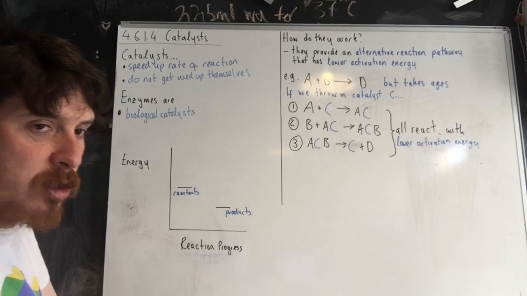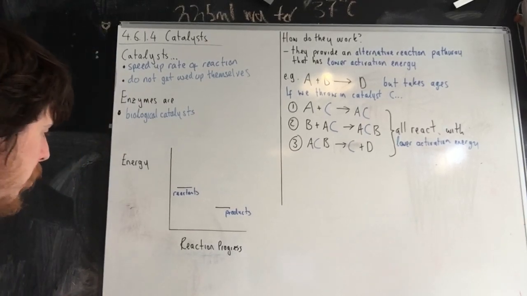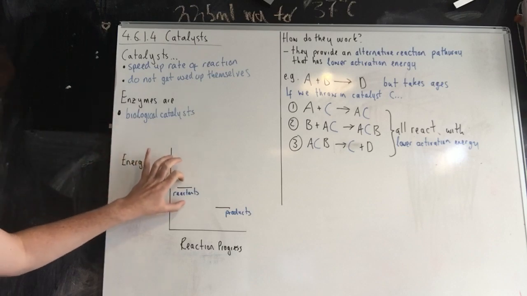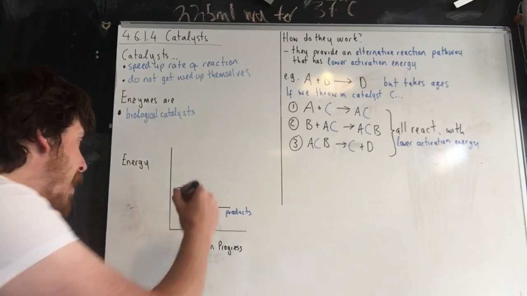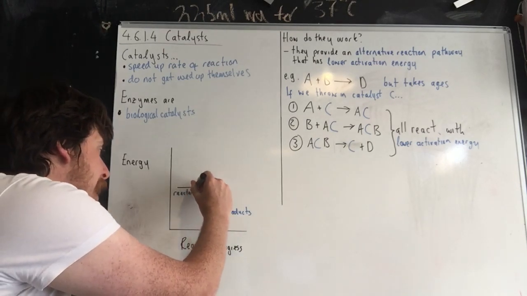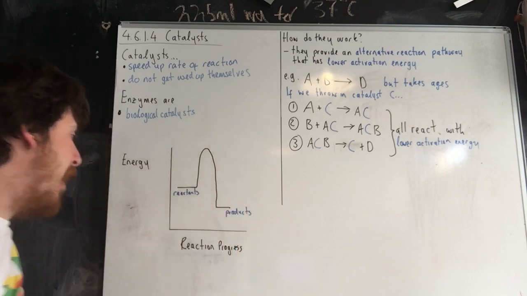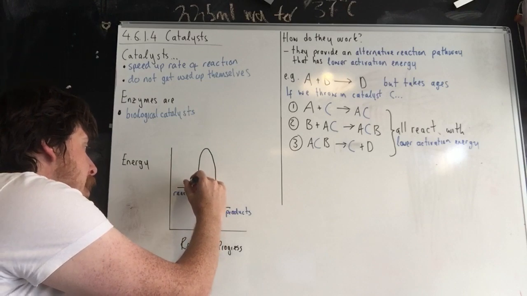You may be asked to do a reaction diagram for this, and the use of catalysts. So let's say we've got an exothermic reaction where we've got some reactants here and we need the products down here. Now, if we don't have a catalyst, a large amount of activation energy is required.